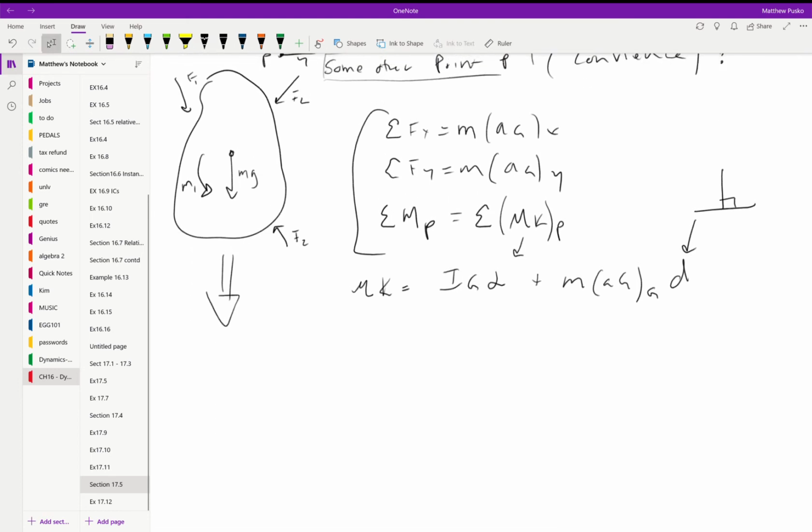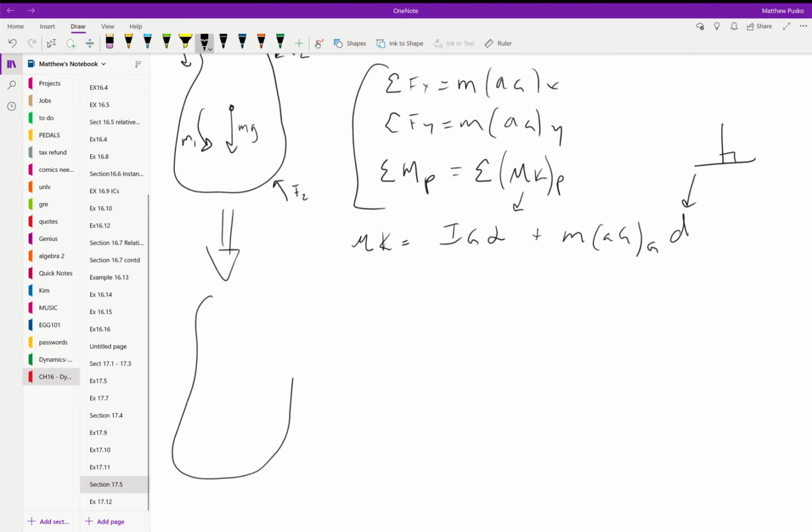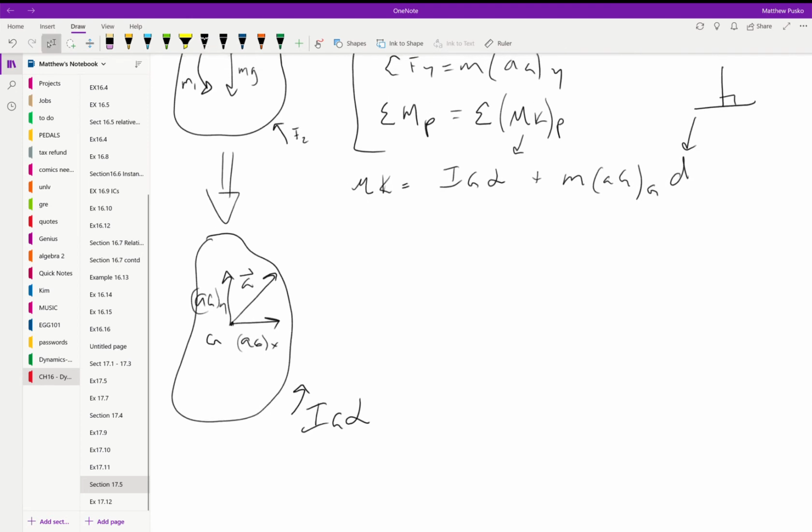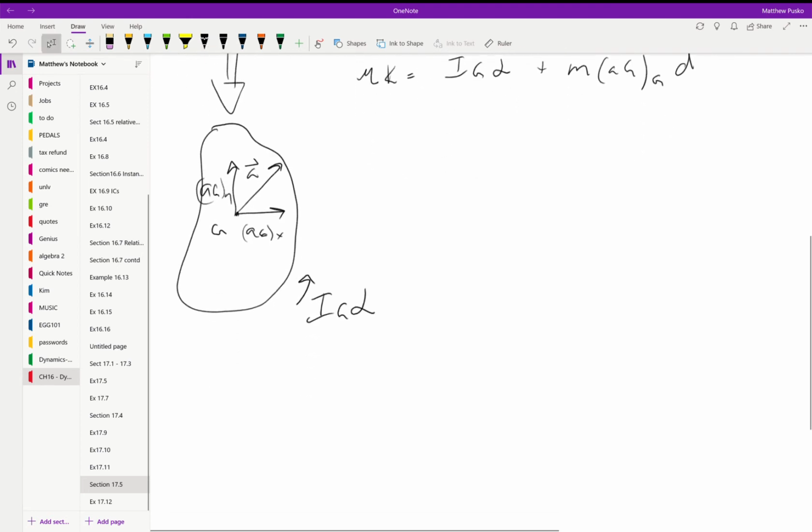So, if I wanted to turn that into a kinetic diagram, that would look like assigning some acceleration of G in the x direction, some acceleration of G in the y, giving us an acceleration vector, and then we go ahead and say all those moments and forces, if they are not concurrent, give us some IG alpha. And let's call that G. So that is a free body diagram to a kinetic diagram. Pretty useful. And let's look at one more thing.